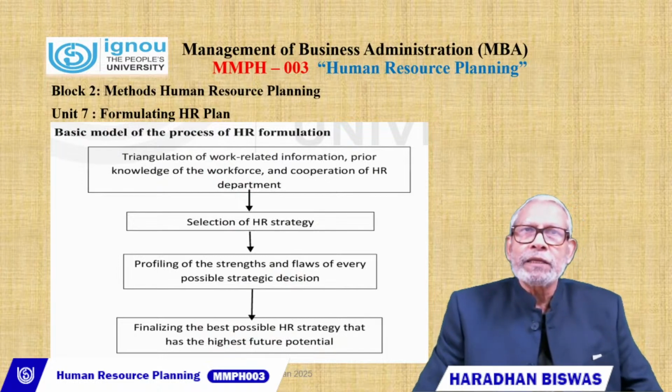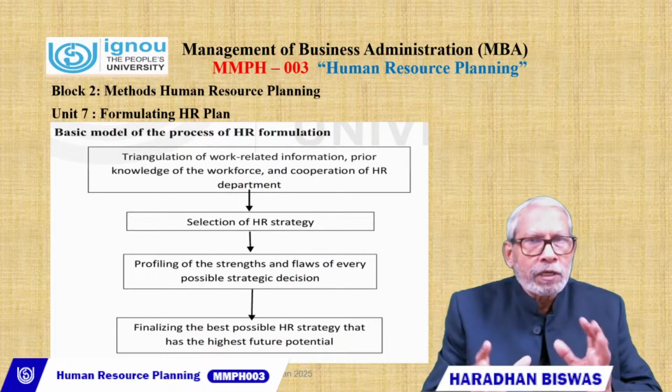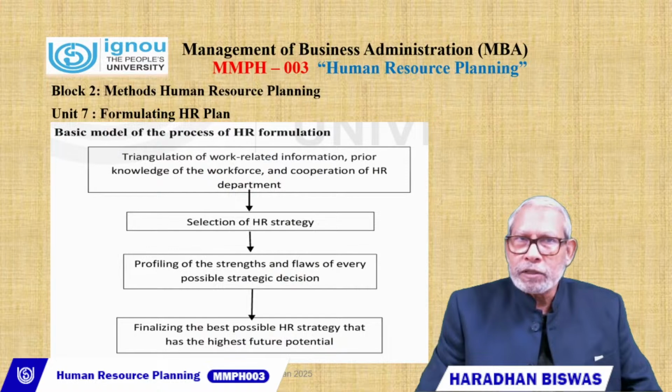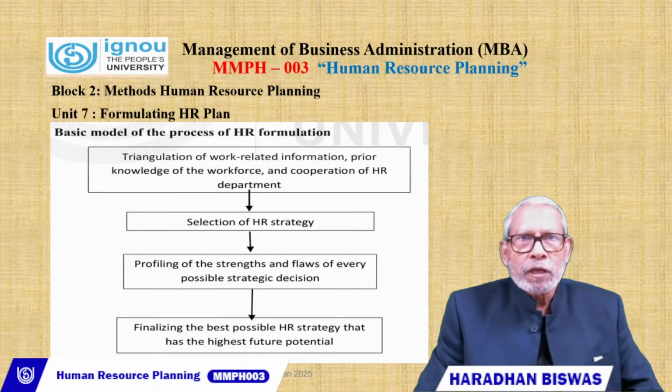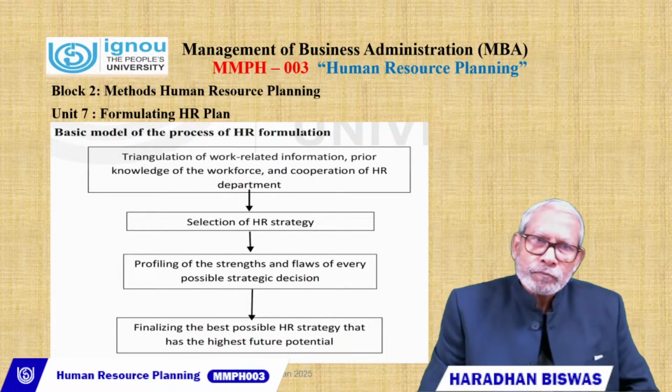When you have work-related information, prior knowledge of the workforce, what type of knowledge is required, and cooperation of the HR department, who will take the responsibility, everything is already in place in the initial stages.